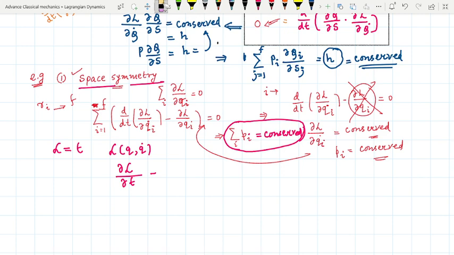Let us see what we can obtain: dL/dt equals ∂L/∂q q̇ plus ∂L/∂q̇ q̈ plus 0.